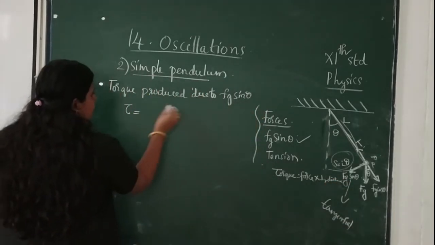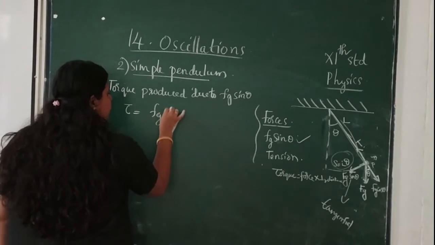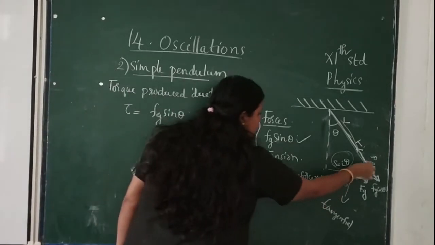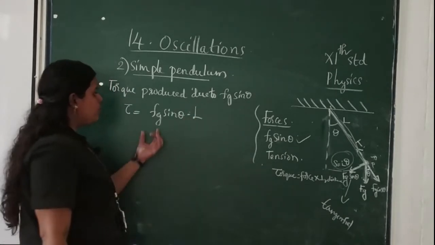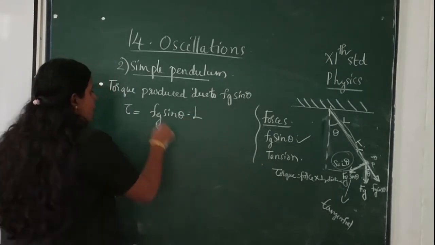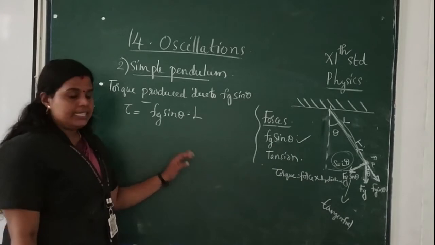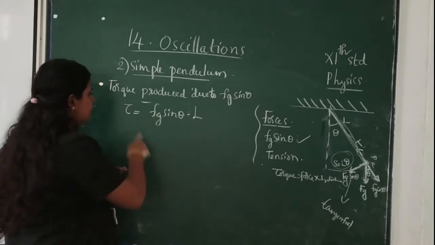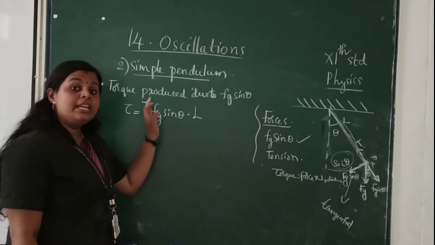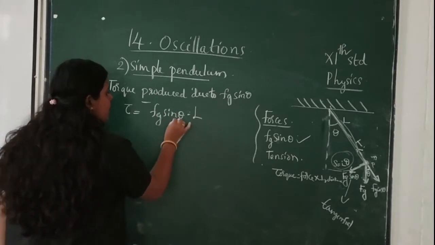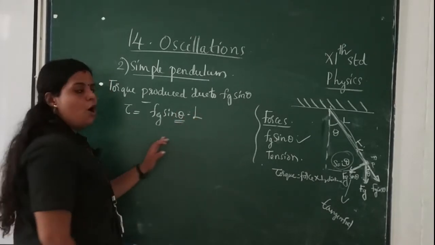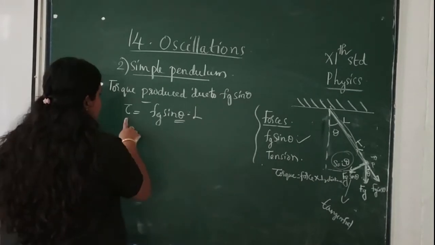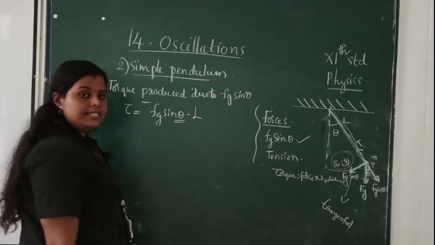So here what will come? Yes, Fg sin theta is the magnitude of the force, into the perpendicular distance, how much is it here? It is L. Okay, so Fg sin theta into L. Also a negative sign is there. This negative sign indicates that this torque is acting in a direction opposite to the angular displacement theta. Clear? This torque is opposite to theta. So tau equal to minus Fg sin theta into L.